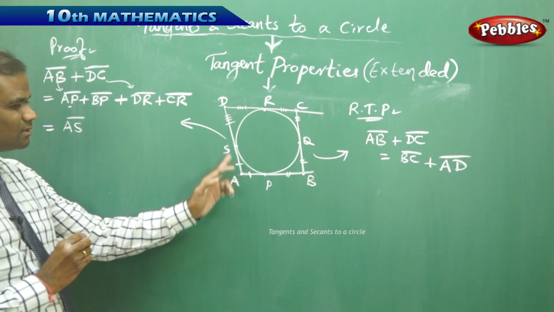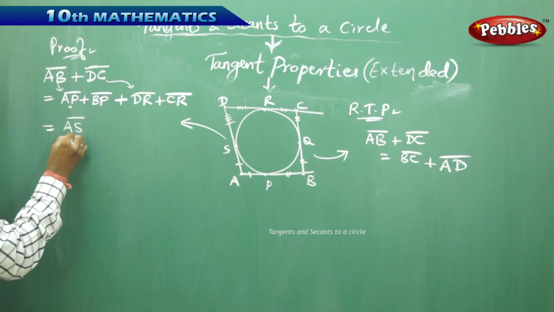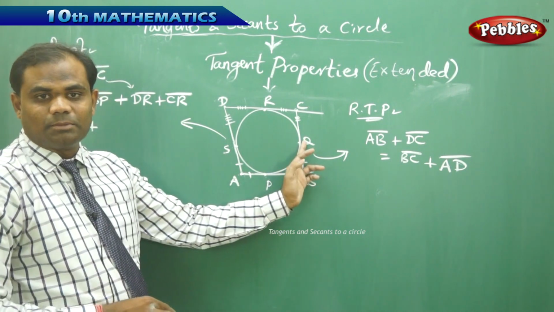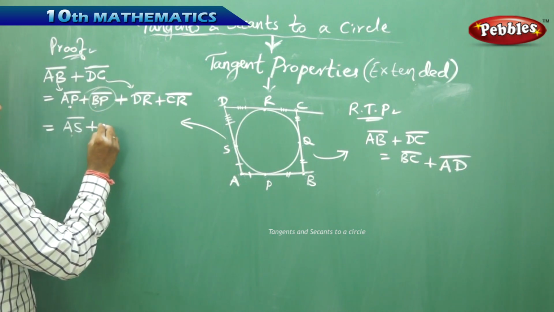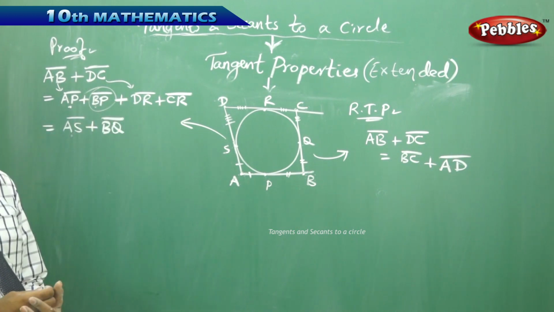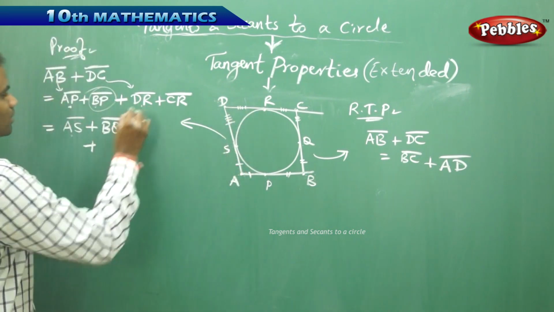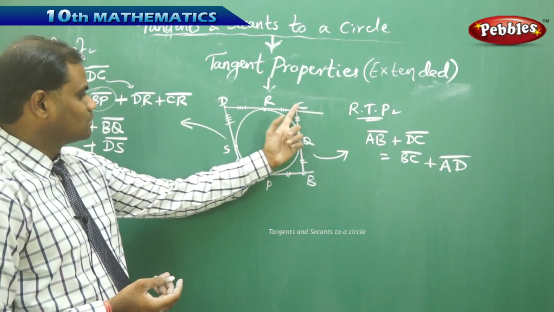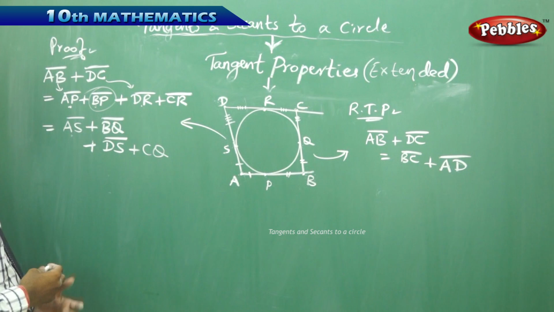Similarly, BP is equal to BQ with the same property, so in place of BP, I write BQ. Similarly, DR is equal to DS, therefore in place of DR, I write DS. And lastly, CR is equal to CQ, so I write CQ, each by the same property.